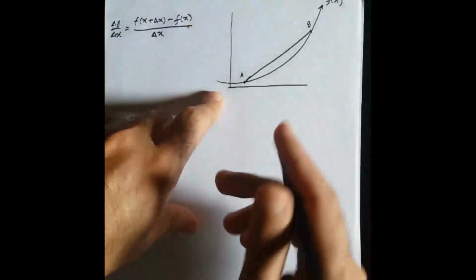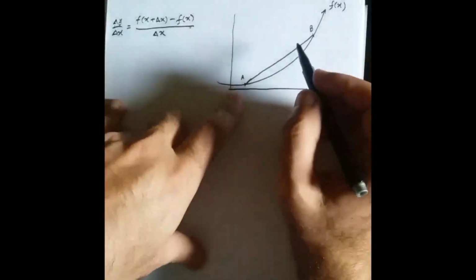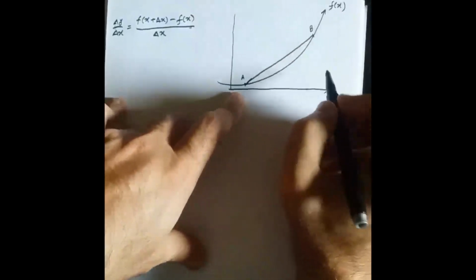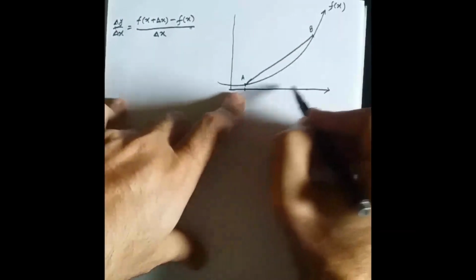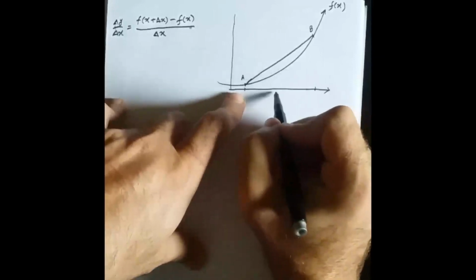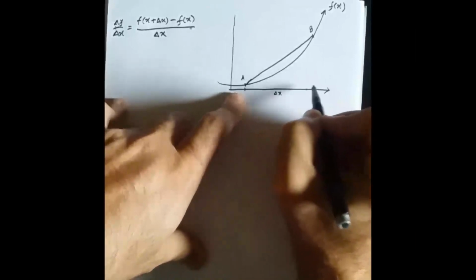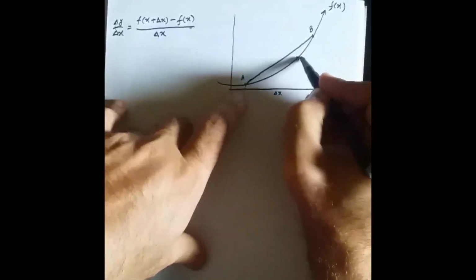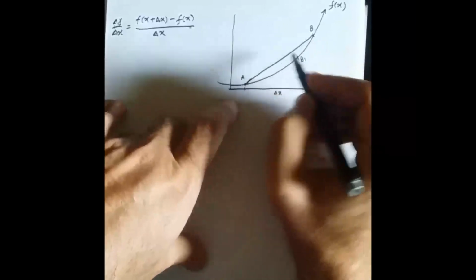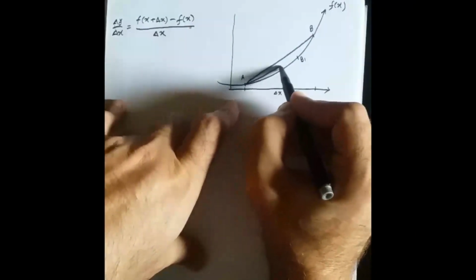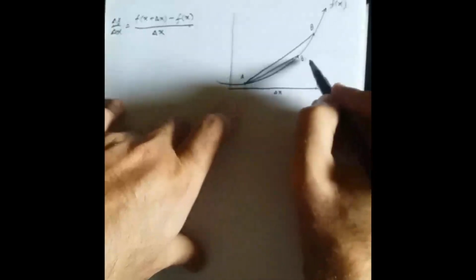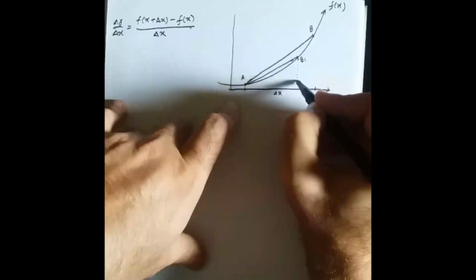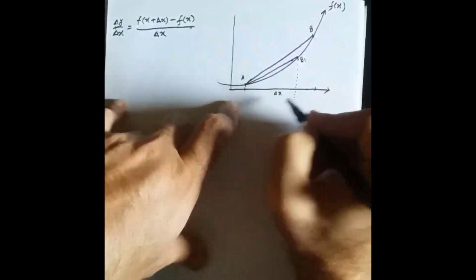But now we want to find the slope of the tangent line. For that purpose we come here: this is delta x. If we take this B closer to A, taking this point B1, then the secant line will come like this, AB1, and this delta x from here to here will reduce.